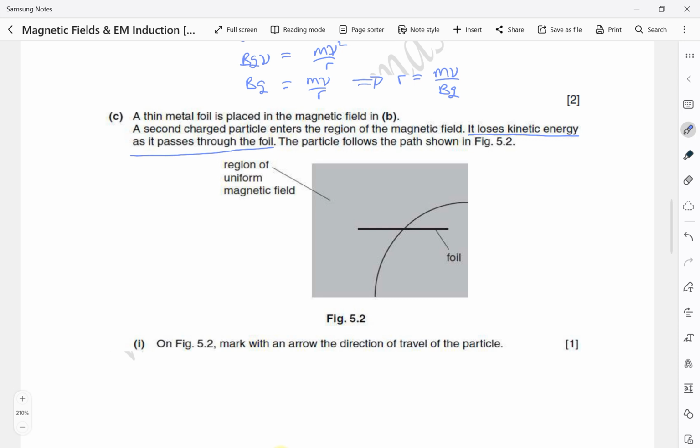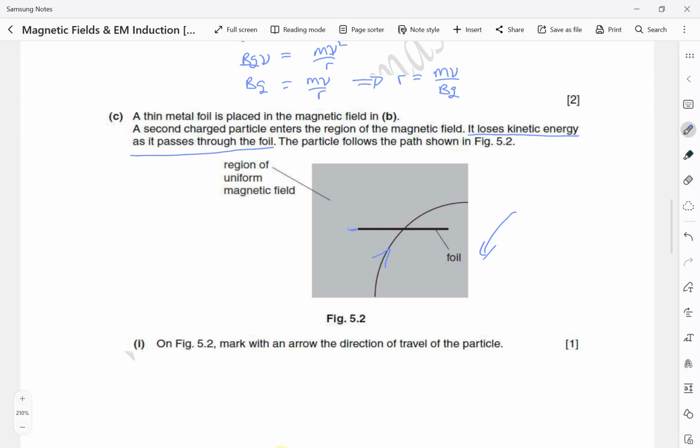Therefore, the arrow should be pointing in this direction here, because after going through the foil, the path is very close to the foil. It can't be the other way around, because if I placed it pointing downwards, after passing through the foil the path goes away from the foil, which means the circular path becomes bigger, therefore the radius is increasing.